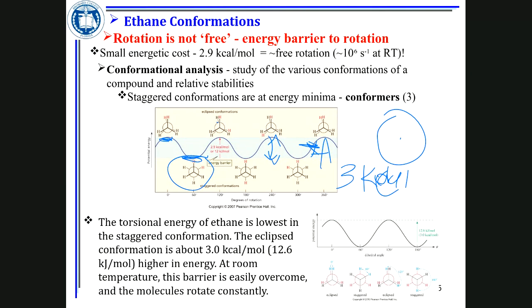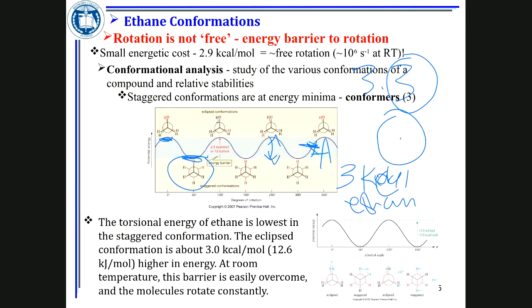So it's just a 0.3 kilocalorie difference in the energy. But it is more stable when it's staggered, less stable when it's eclipse. So we have two conformations, also two conformers, for propane as well.